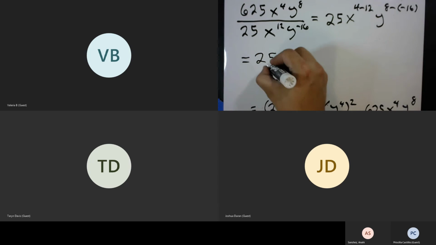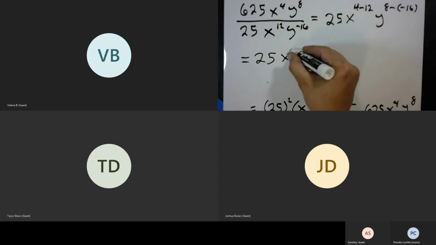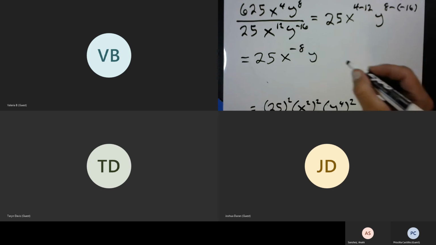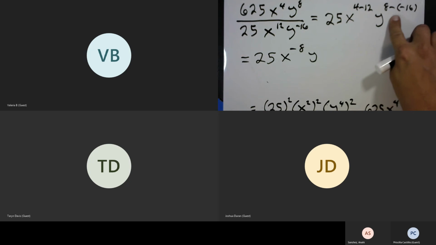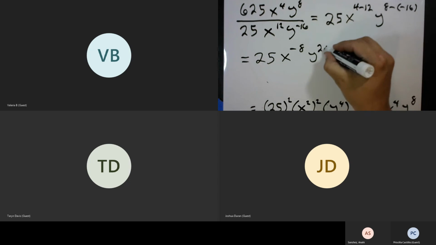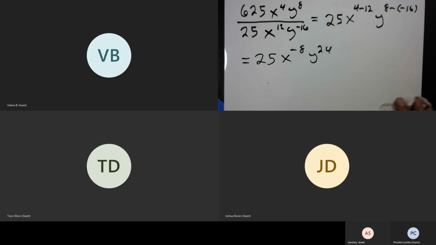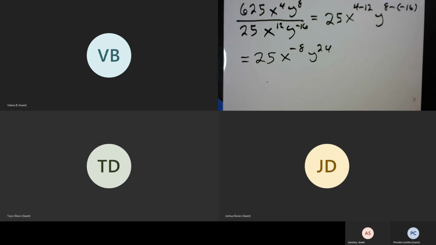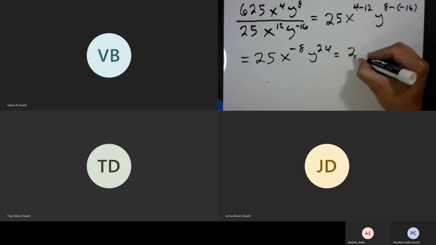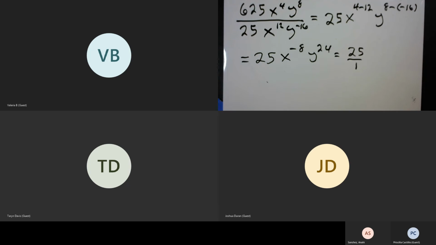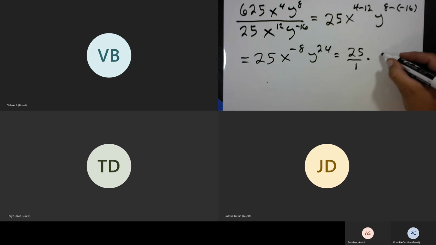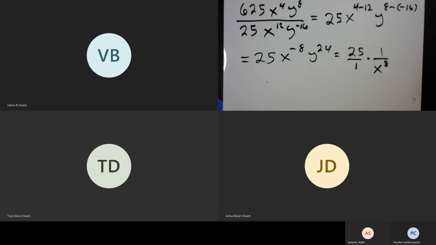Or 25 x to the negative 8 y. Now, double negatives become a plus. So 8 plus 16 will be 24. So I can think of this as 25 over 1, which you can always do, times x to the minus 8, which I'm going to rewrite as 1 over x to the 8 using my rule for negative exponents.